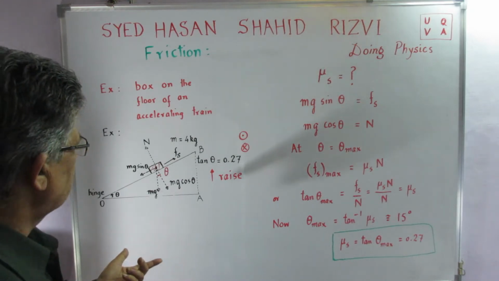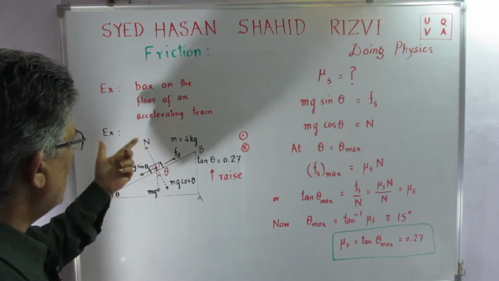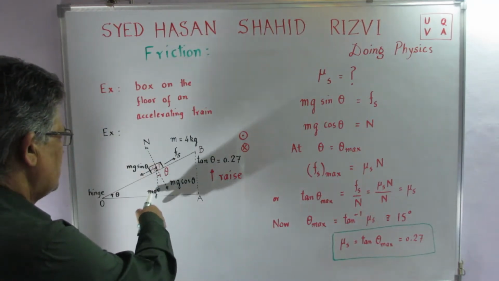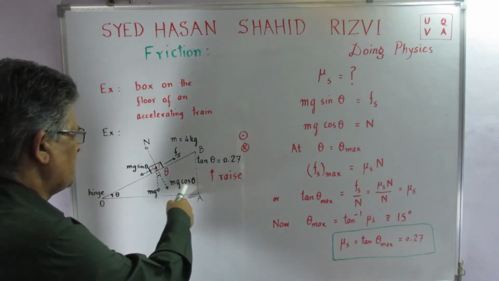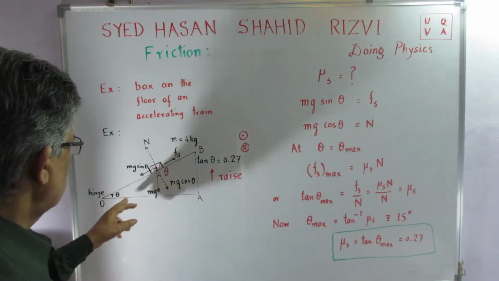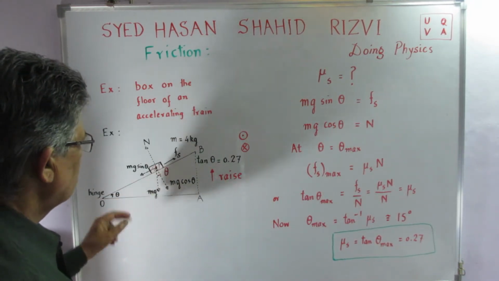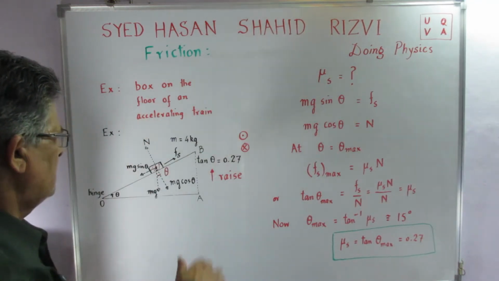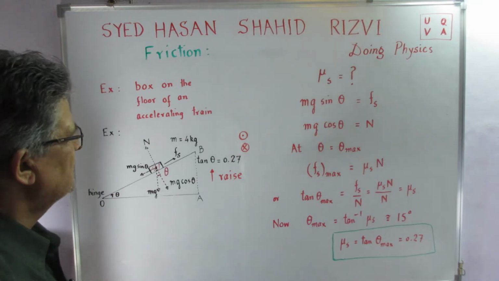That is important. If the mass increases, then of course mg increases, mg cos theta increases, mg sin theta increases, but the theta which turns out to be theta maximum, where the motion starts, remains the same.